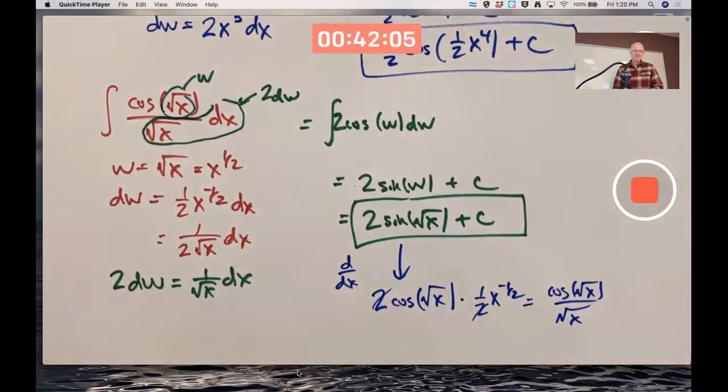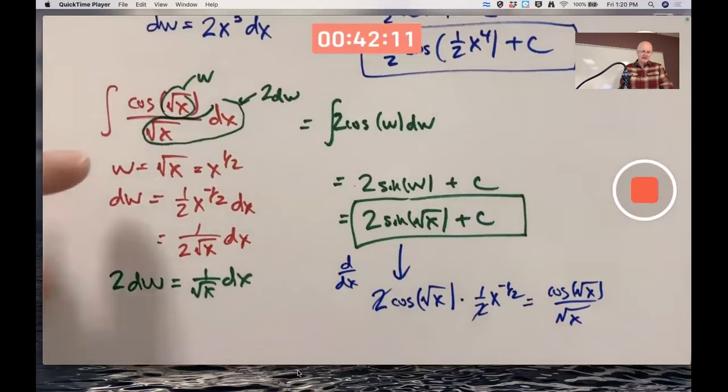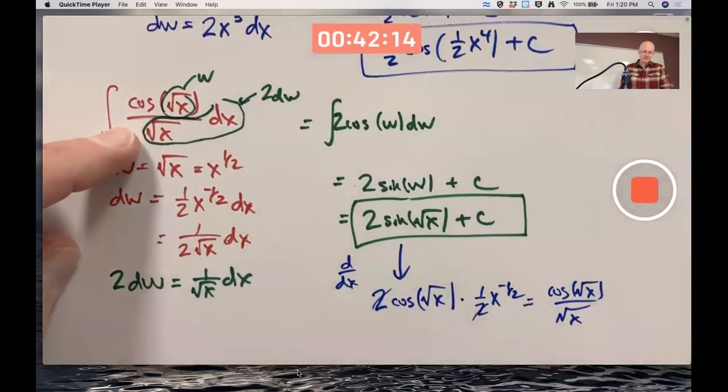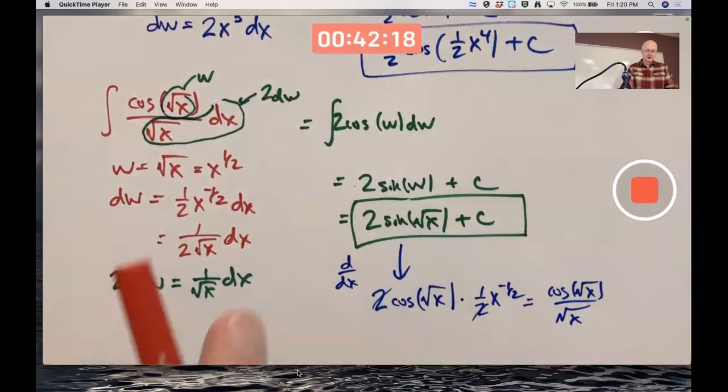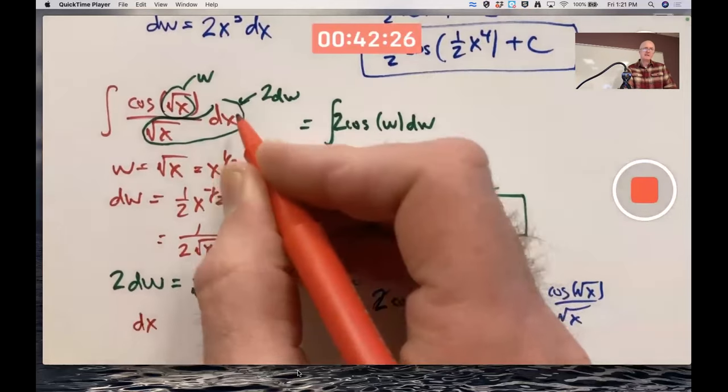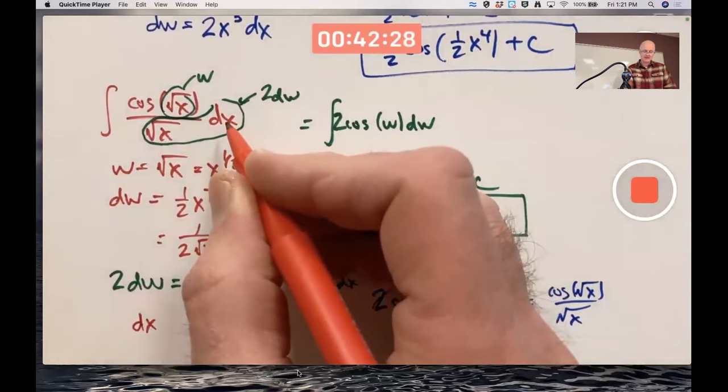Question? Why did you replace the bottom square root of x? Yeah, it is true that does equal w. And you actually could replace it with w. Though if you did, you also want to replace dx with something.